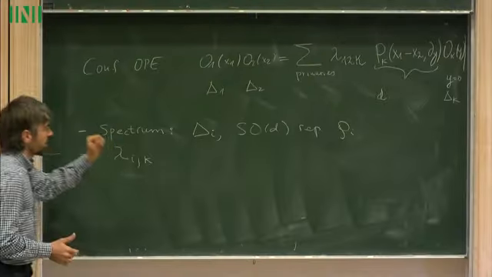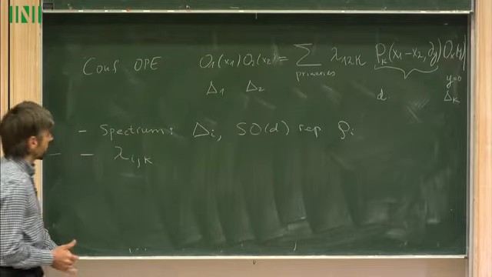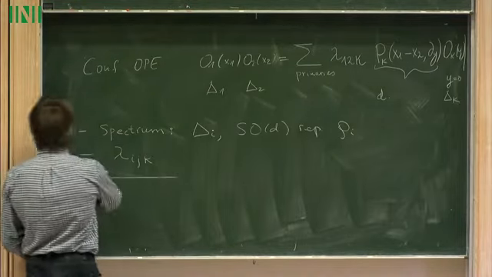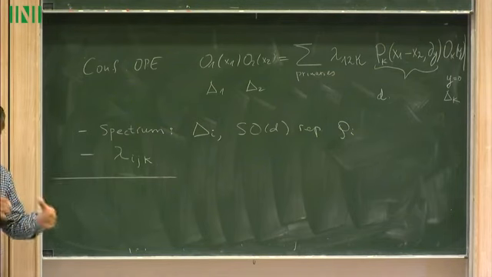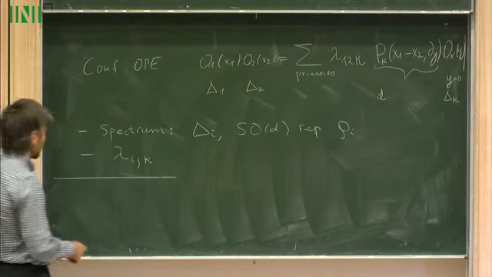Well, I did not mention one thing. It's clear that if you apply the OPE, then you reduce n-point functions to (n-1)-point functions and so on. But then you have to stop somewhere. So where do you stop?